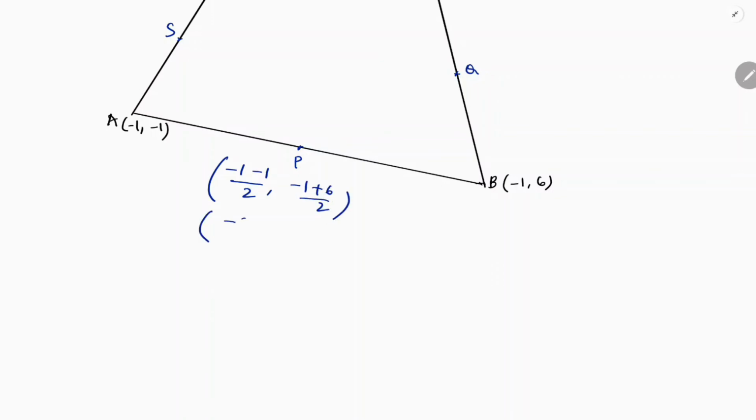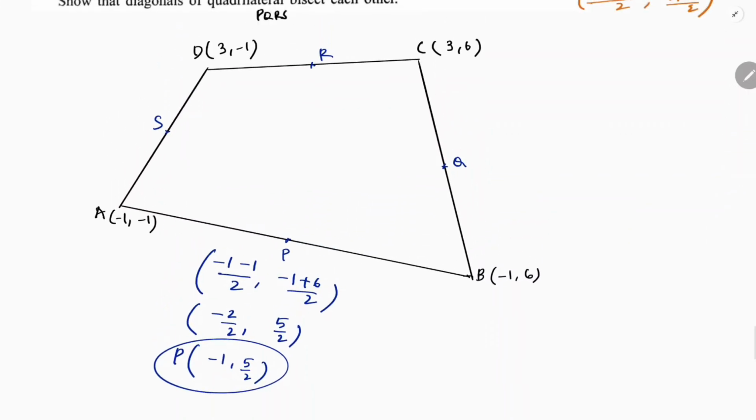So you'll get -2 by 2 and 5 by 2. So P is (-1, 5/2). In the same way, I'll find Q: (3 plus -1) by 2, (6 plus 6) by 2, that is 2 by 2, 12 by 2. So Q is (1, 6).